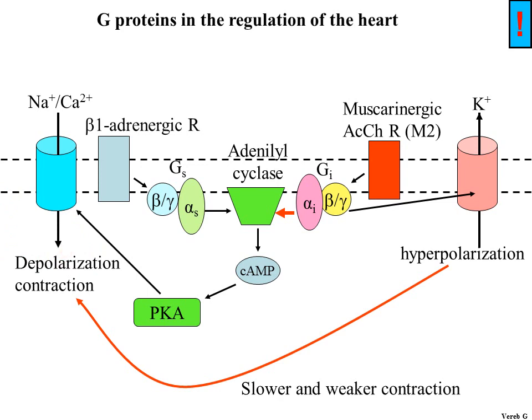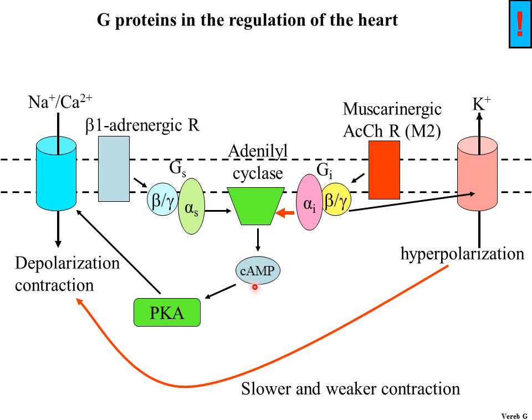What happens when the stress situation is over and you actually survived? Then it's time to go back to normal. And you have two different mechanisms for that. One is the spontaneous decay of this beta adrenergic stimulus, because the cyclic AMP will be degraded by cyclic AMP phosphodiesterase, as we discussed.